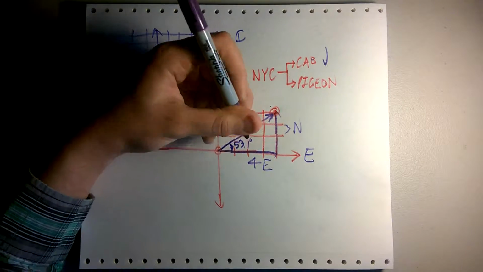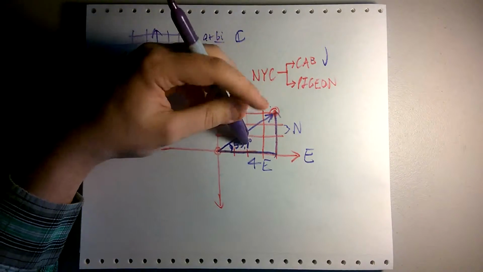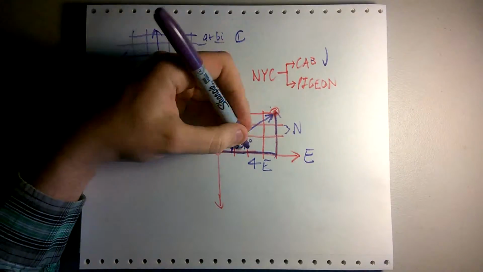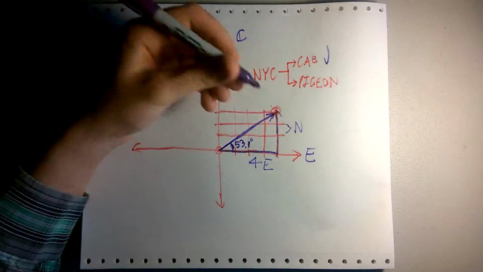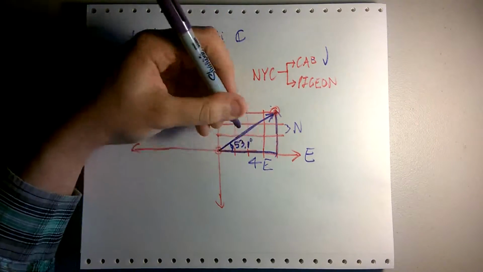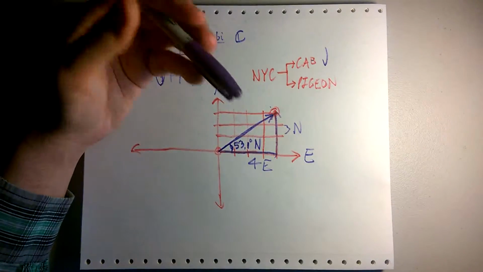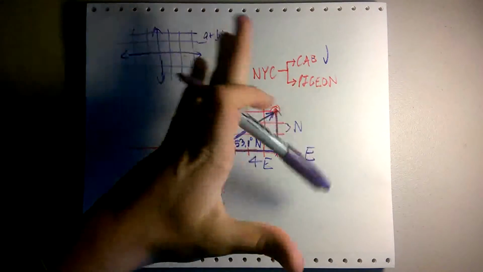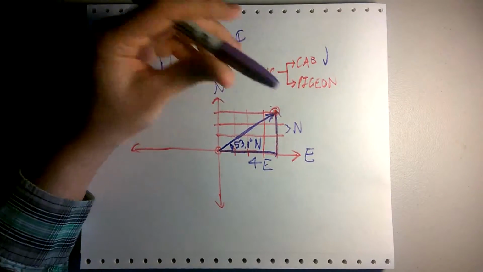I would work in radians in this video, but I feel like degrees are a little more sensible at the moment. So if this is 53.1 degrees, the last thing we need to tell it, I mean, this is 53.1 degrees north from east. Alright, because that's a direction. We're just talking about direction right now. And then you just have to tell it how far to go in that direction.